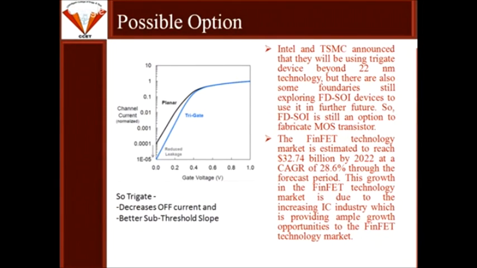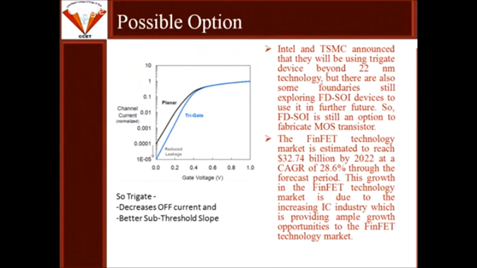Intel and TSMC announced that they will be using tri-gate devices beyond 22 nanometer technology, but some foundries are still exploring FD-SOI, fully depleted SOI devices, to use in the future. So FD-SOI is still an option to fabricate transistors, but as we see, the giant Intel is using tri-gate.